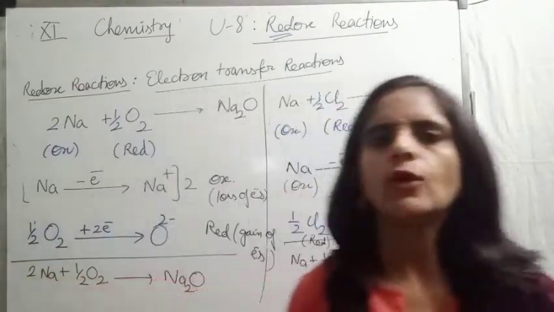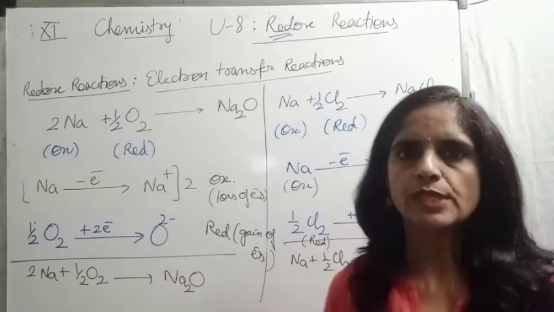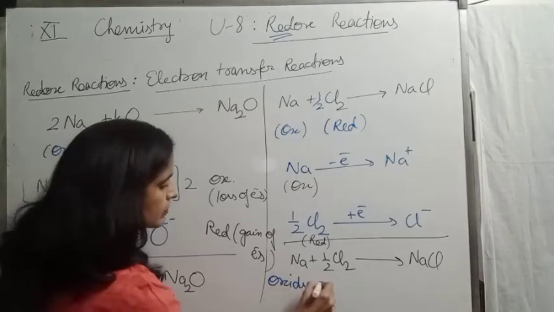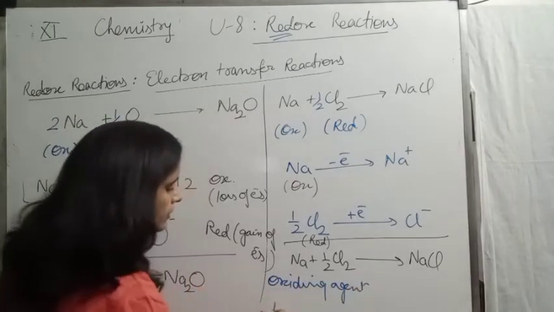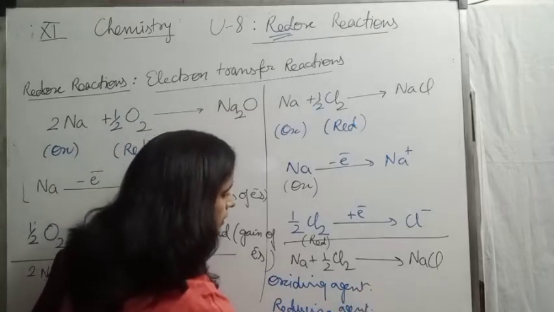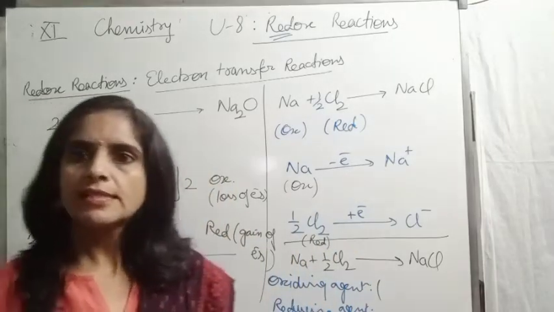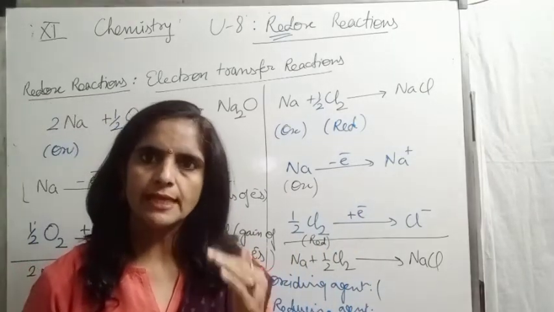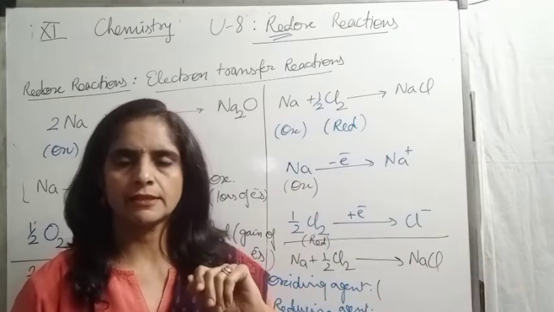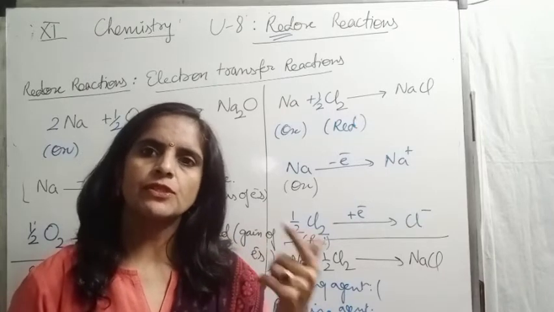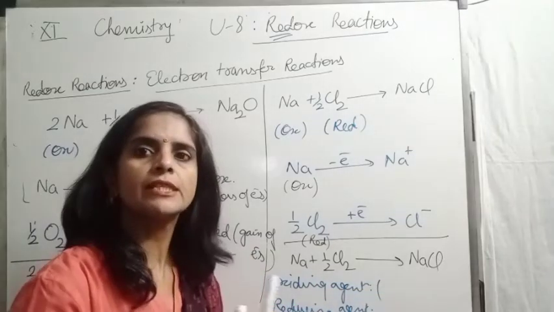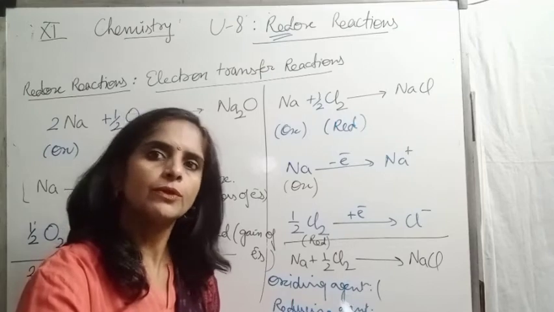Similarly, we can define oxidizing agent and reducing agent in terms of transference of electrons. As the term suggests, an oxidizing agent is a substance which helps other species to oxidize, and a reducing agent helps other substances to reduce.